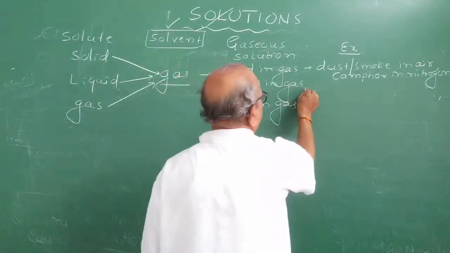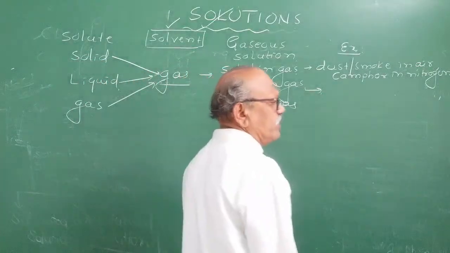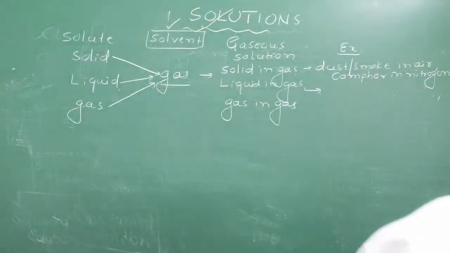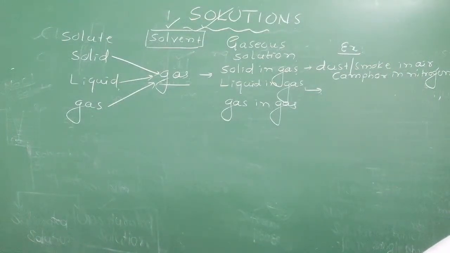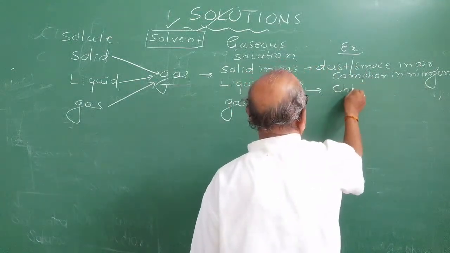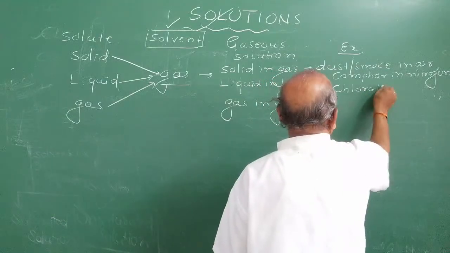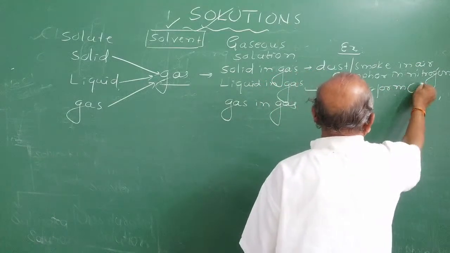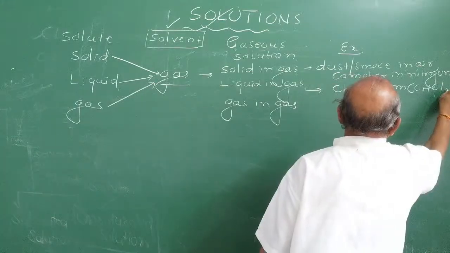And even you can take a liquid in gas. Can you give an example of liquid in gas? Water vapors, chloroform mixed with nitrogen, water vapors in air. What is the formula of chloroform? CHCl3, actually used as an anesthetic.